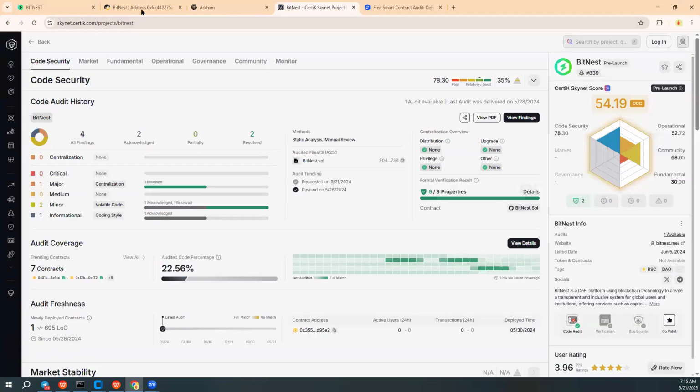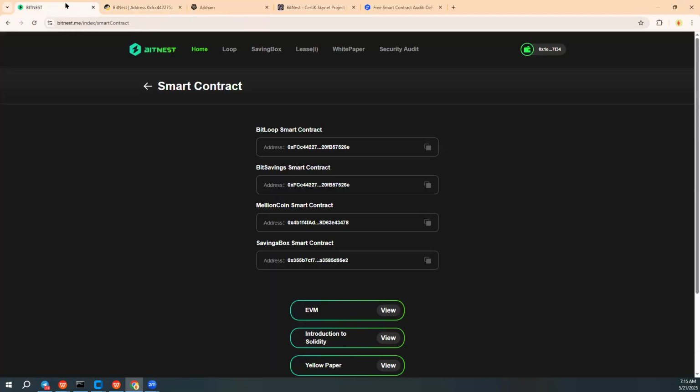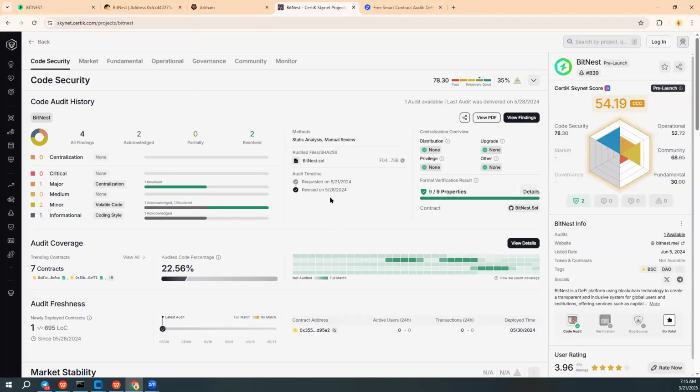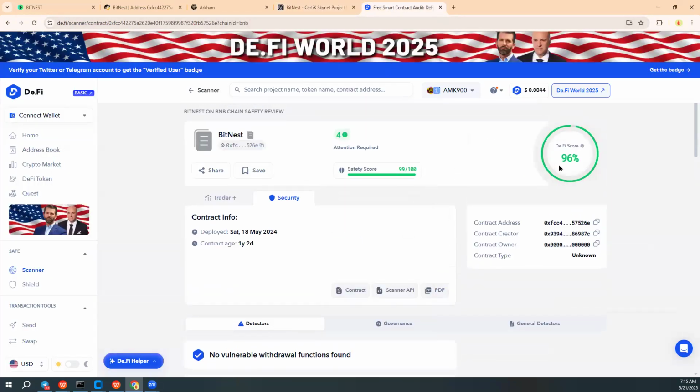And the Certik also, the Certik audit report is already a proof that for this BitNest, the fund's liquidity is carried by the smart contract. If not, Certik would trigger the alert and tell you, and definitely it could not pass the Certik report. It also could not have such a high score of 96%.